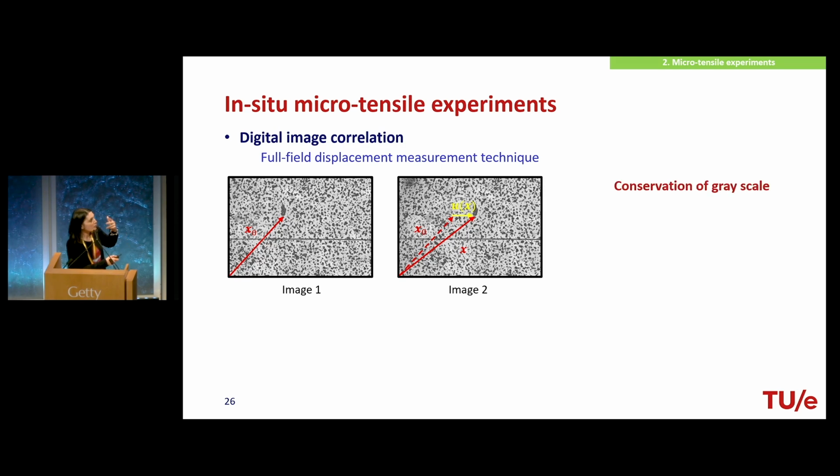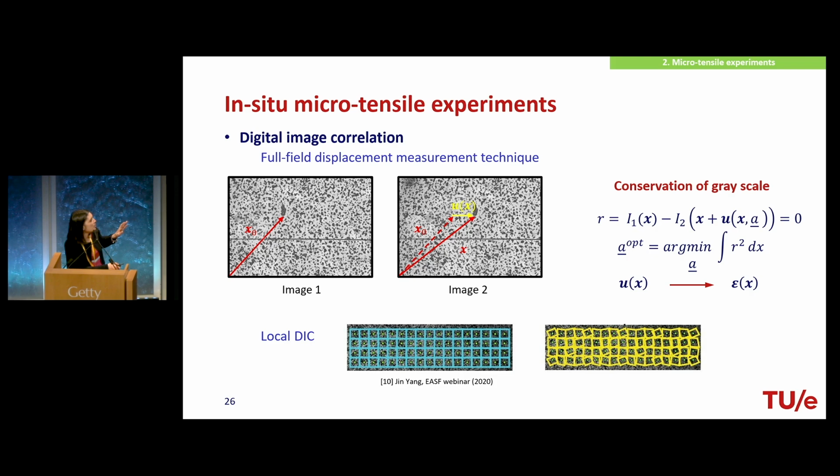By means of a conservation of grayscale principle, that means that the intensity of the pixel remains constant during the deformation, and without going into details, by minimization of the residual, we can calculate the displacement and then the strain field. Just a detail, we use local digital image correlation. That means that we repeat this procedure not ensuring global continuity of the displacement, but just on local subsets.